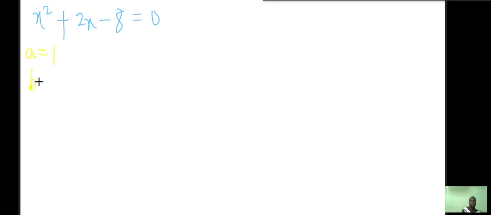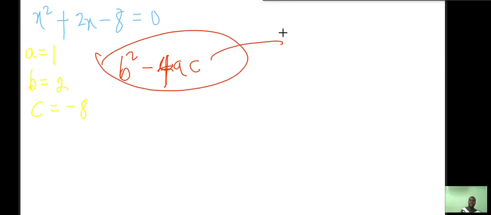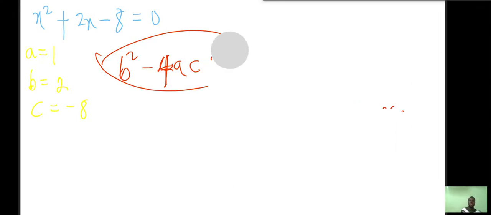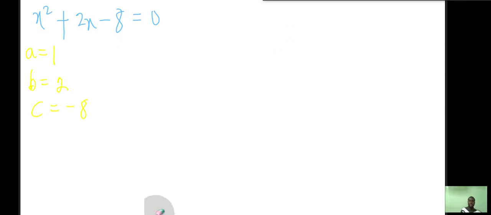A is 1, b is 2, c is negative 8. To find the nature of the root, we use b squared minus 4ac, the discriminant test. Let's quickly carry out that test.